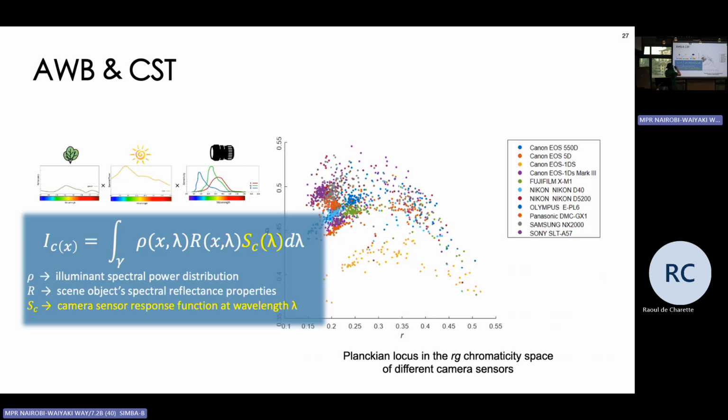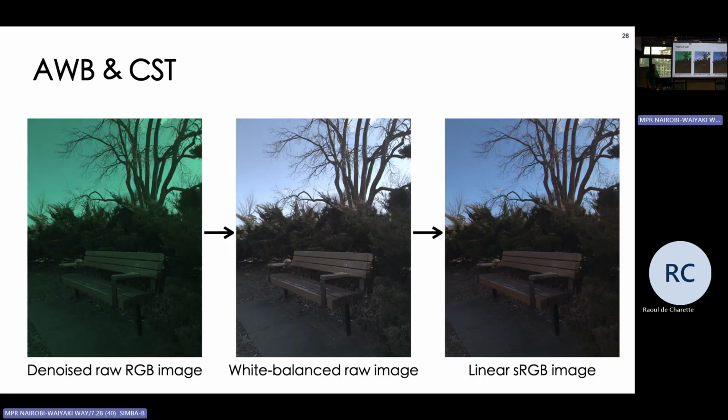We have the illuminant spectral power distribution of the light in the scene, the scene object spectral reflectance, and the camera response function. These 3 curves I discussed before. Every camera has a different camera response function. That means if we measure the RGB values of the same object from different cameras, we will get 3 different RGBs, right? And that means we have different ground truths, right? So that's for now about white balance.